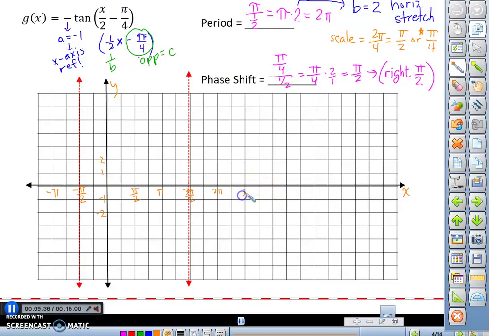This is 3 pi. This is 4 pi. So for my asymptote, 2, 4, 6, 8, it's right there. Then halfway between them, I'm looking at my intercepts.